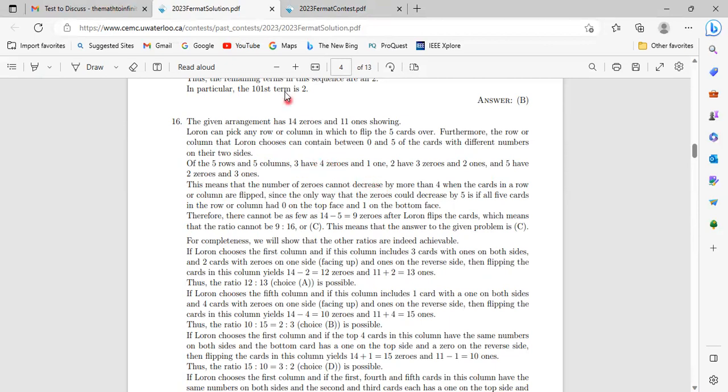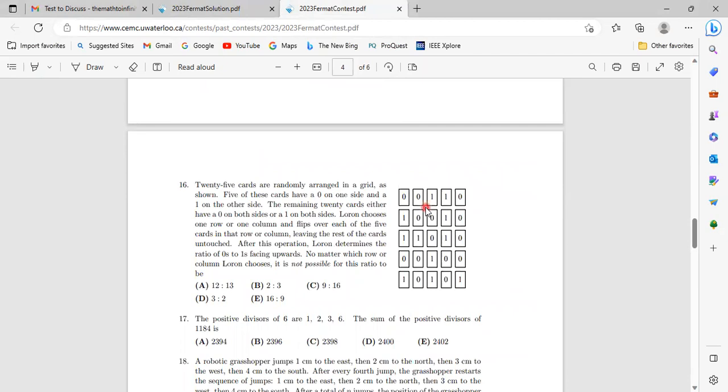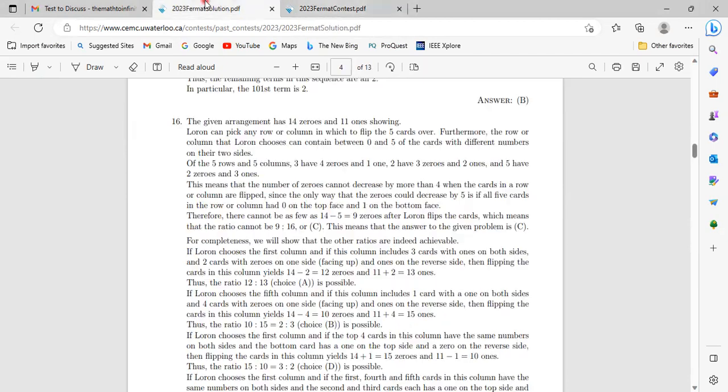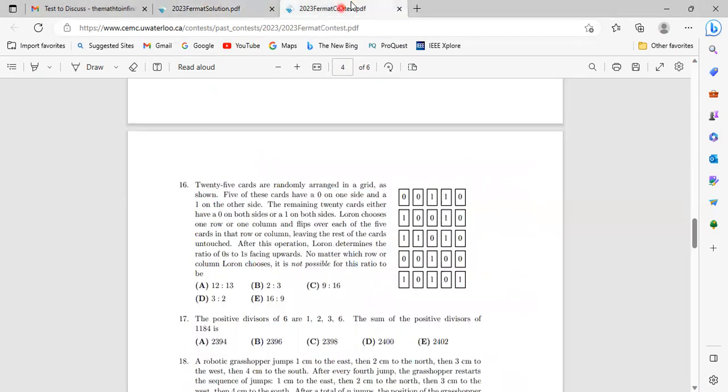3 have 4 zeros. How is it possible? Of the 5 rows and 5 columns, 3 have 4 zeros and 1 one. Okay, let's assume he is choosing this column.